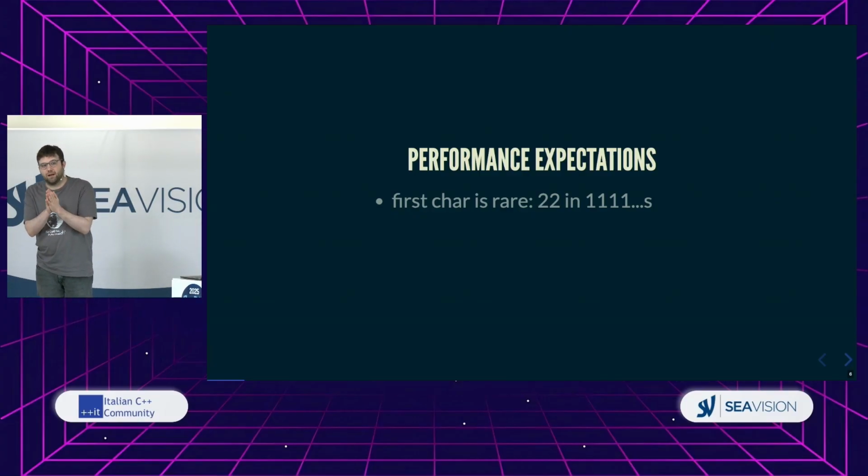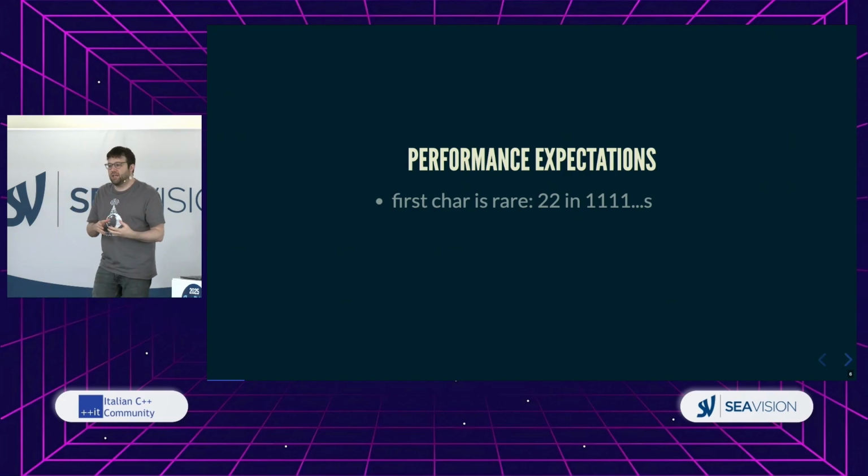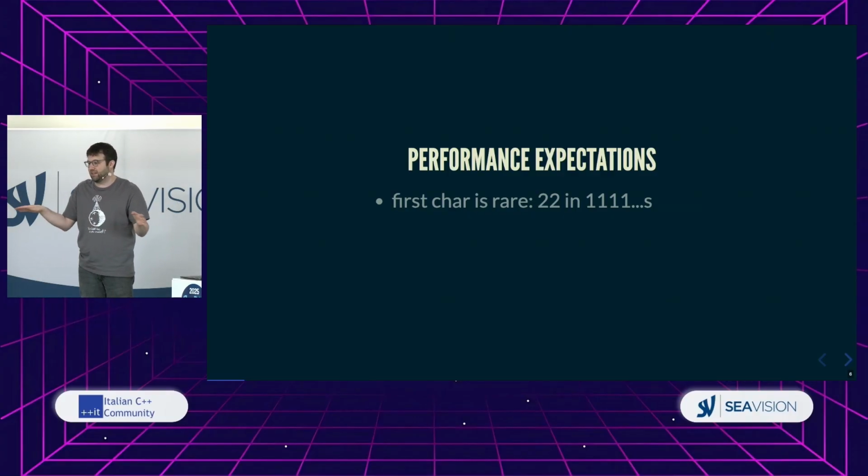If it is rare, then effectively our function boils down to calling memchr, and the C standard library would just beat our code. The way I'm going to benchmark it is I'm going to search for the string 22 in a bunch of ones. So the first character is never going to be found, and we're just going to be memchr-ing to the end.